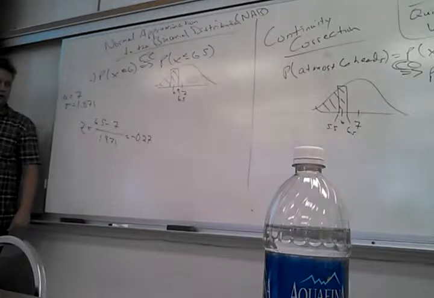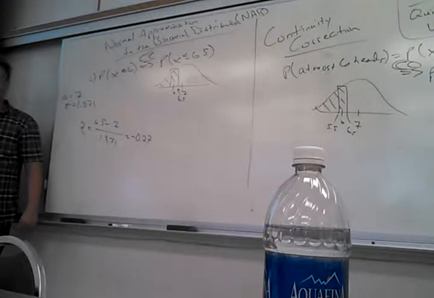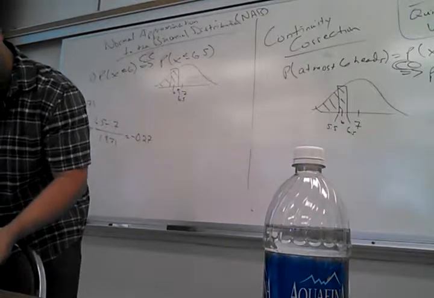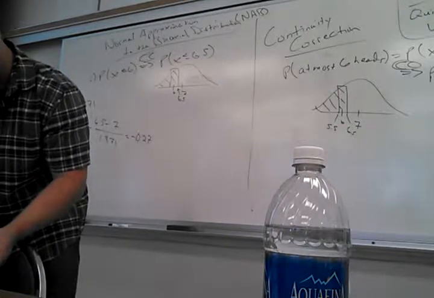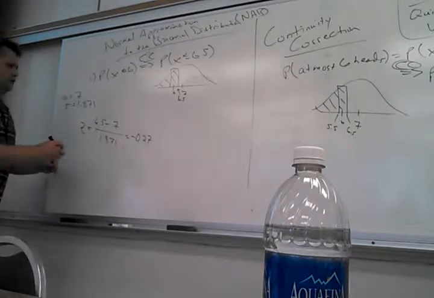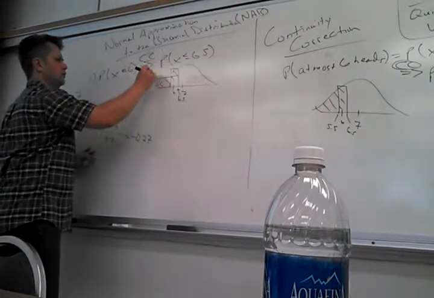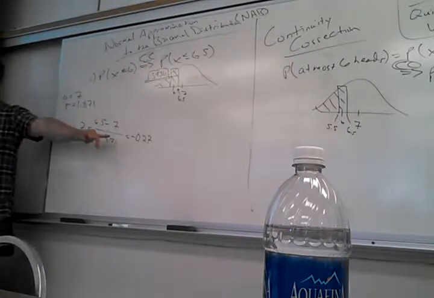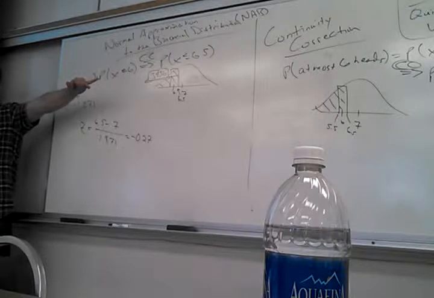About. All right, so look up that z-score now and get the area. If I look up negative 0.27, I get an area of 0.3936. So make sure you can find that. If you look at negative 0.27, do you get the 0.3936?